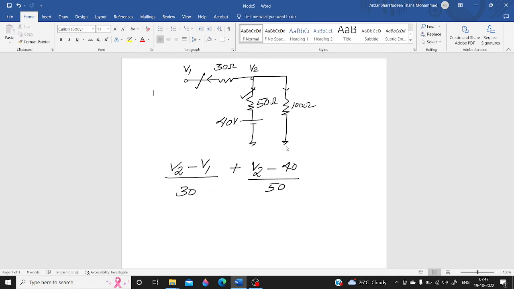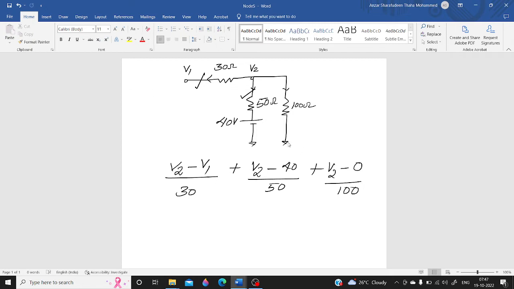And now this current. This is a reference potential. So one terminal is at voltage V2 and the other terminal is at reference potential. So this is (V2 minus 0) divided by 100.